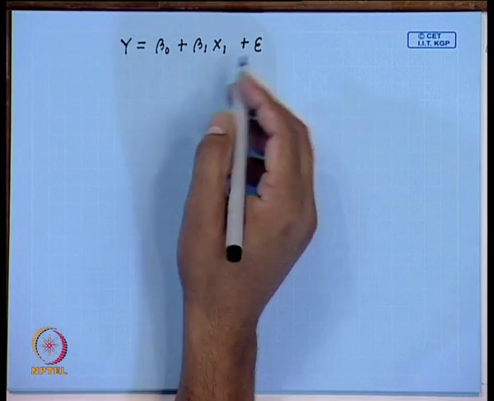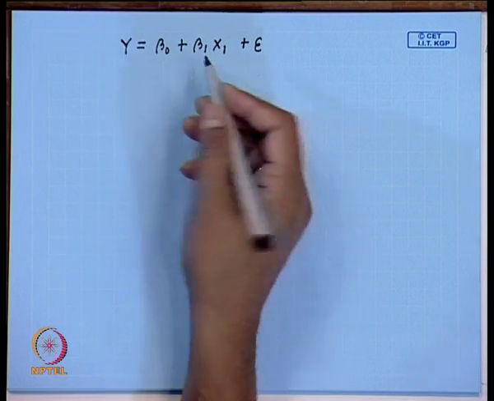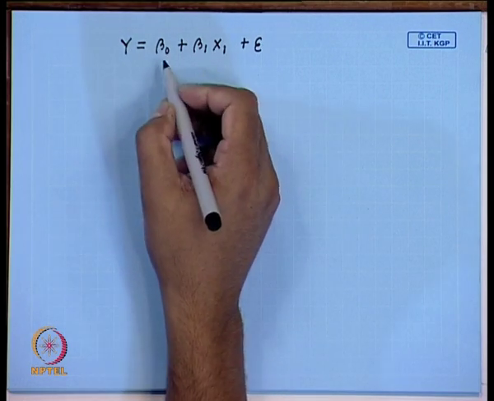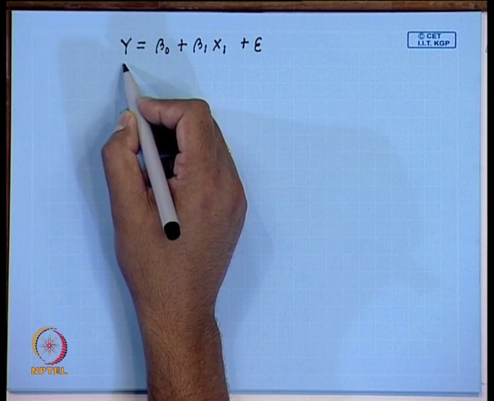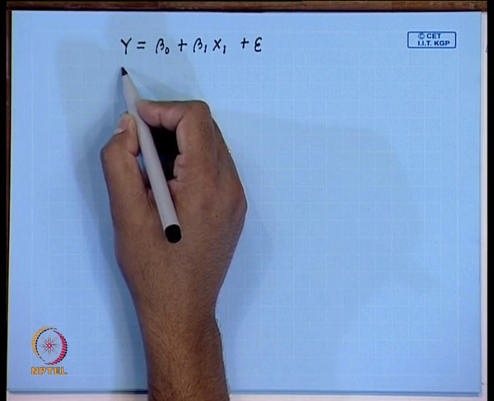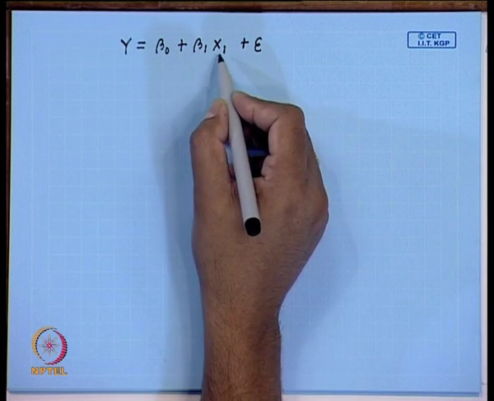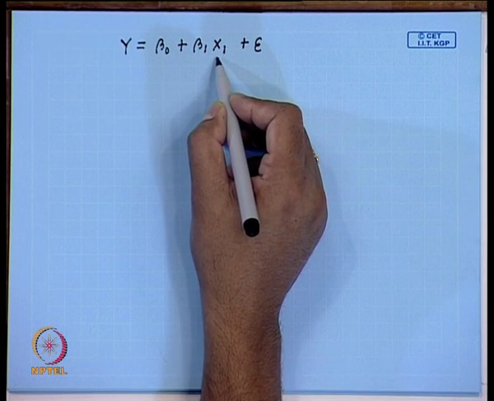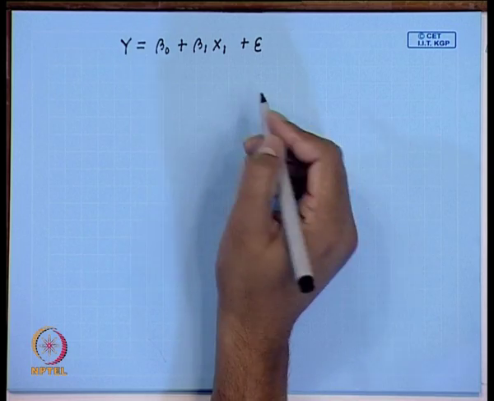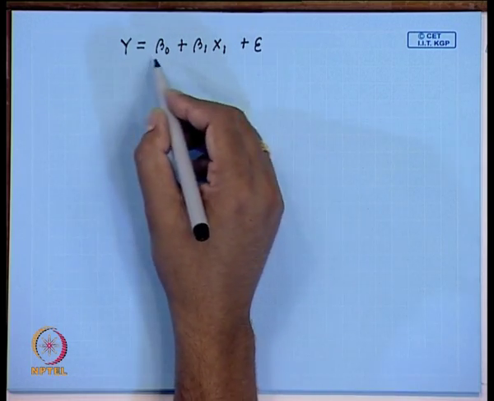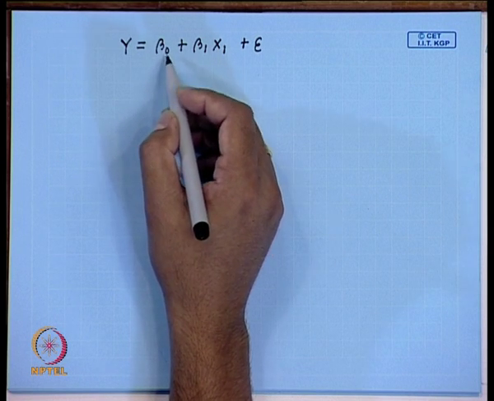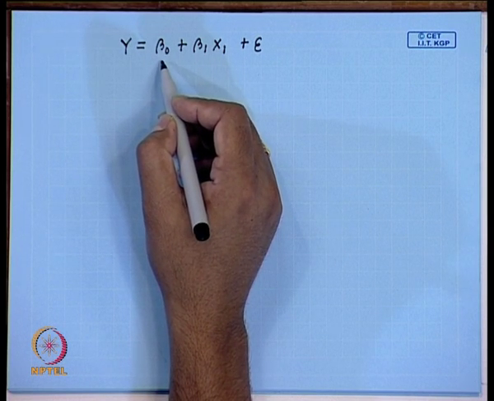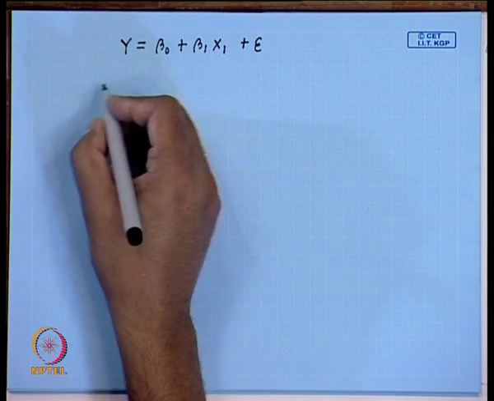I am not going into the detail of it. This looks like a simple linear regression model, so you know how to find beta naught hat. You consider only the data corresponding to the response variable and the first regressor variable x1, and you know how to fit this model. Fitting this model means you have to find the least square estimates of beta naught and beta 1.